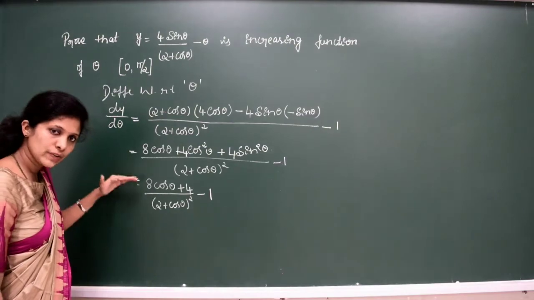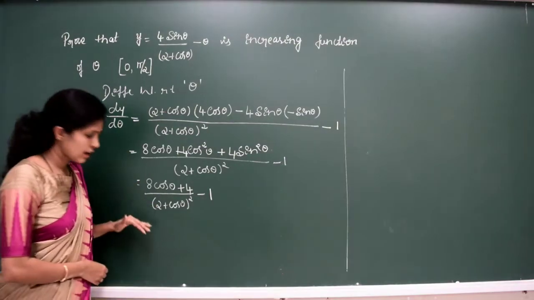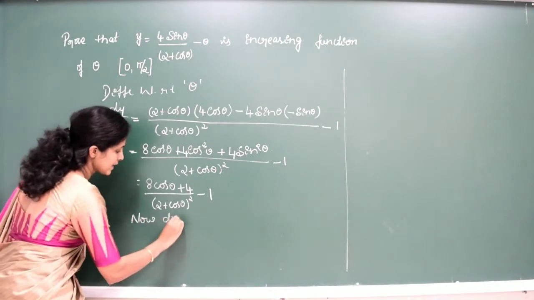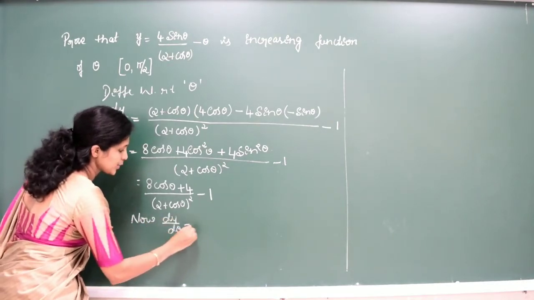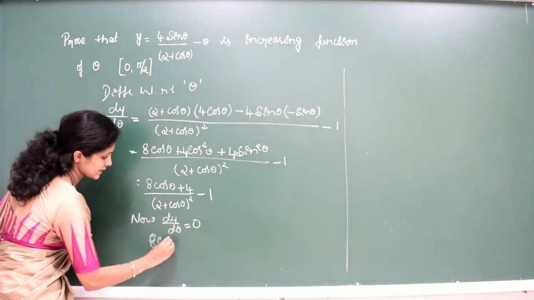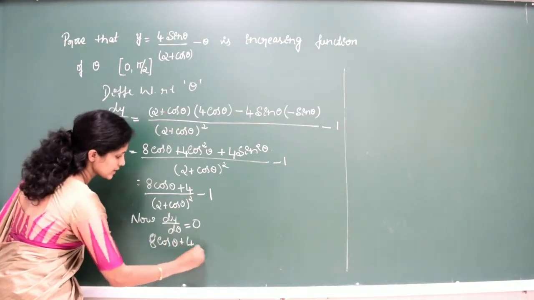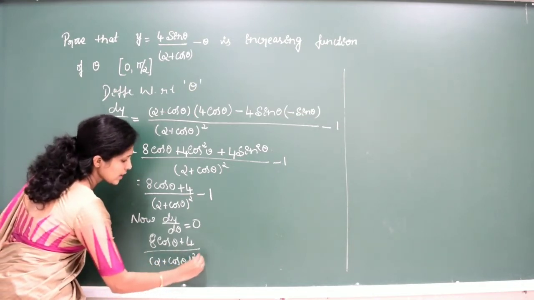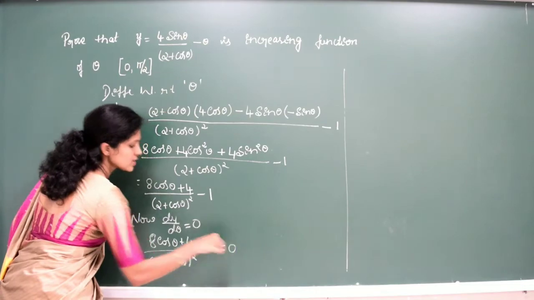Now we got dy by d theta. Now we will equate this to 0. Now dy by d theta is equal to 0. So this is now 8 cos theta plus 4 divided by (2 plus cos theta) whole square minus 1 is equal to 0, right?